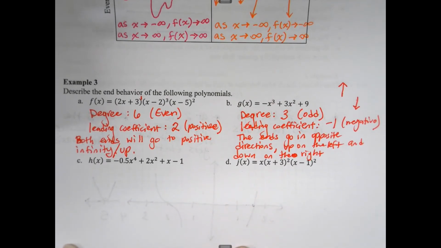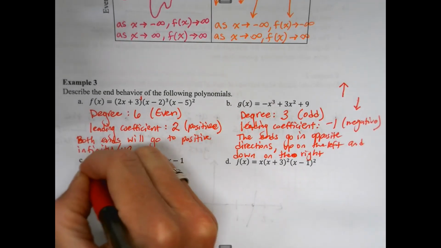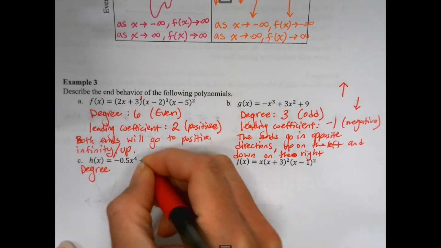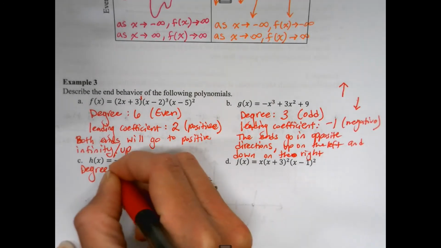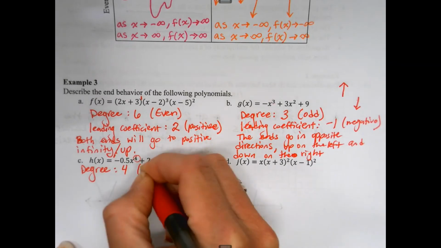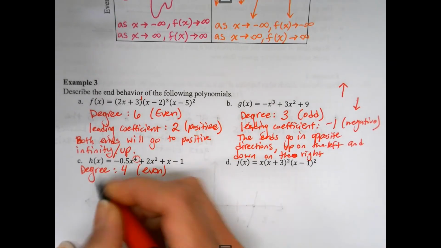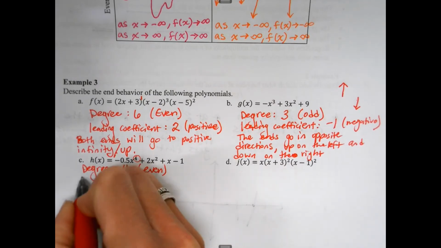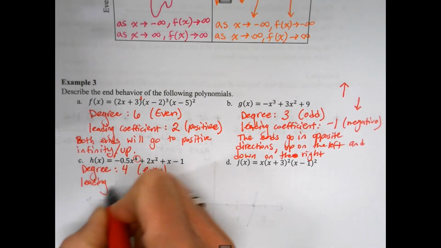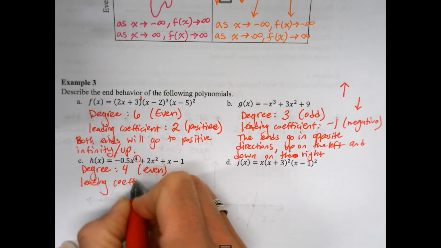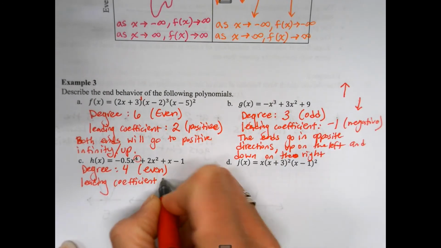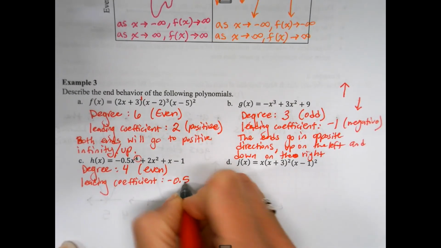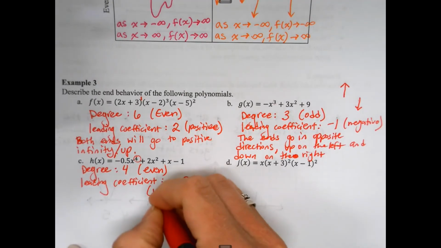For C, our degree is 4. It is even. And our leading coefficient is negative 0.5. So therefore it is negative.